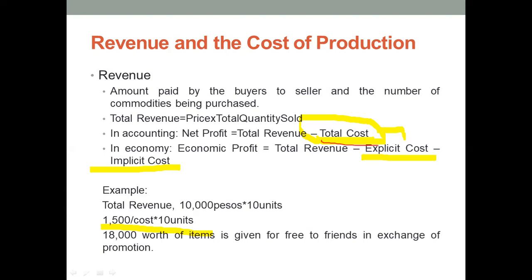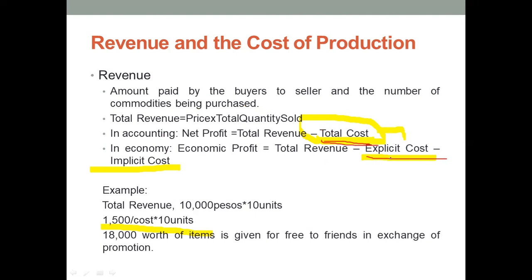What are explicit and implicit costs? Your explicit costs are basically the actual costs or expenses you incurred to operate your business. So just remember, total cost, when you use it in economy, that would be your explicit cost.